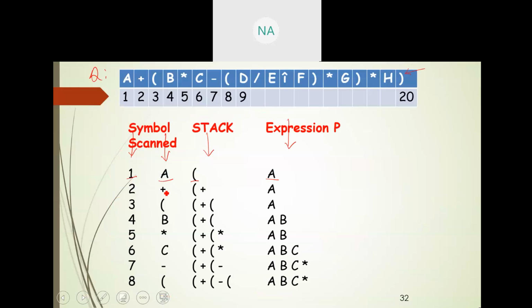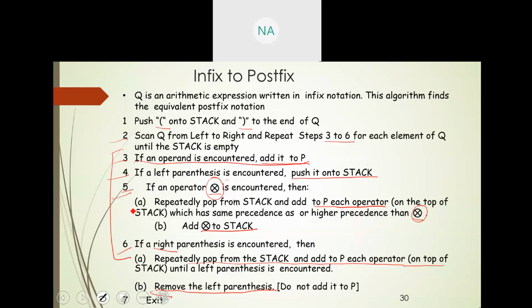In step 5a, each operator which has the same or higher precedence is removed from the stack and added to P, and in step 5b, the encountered operator is added to the stack.